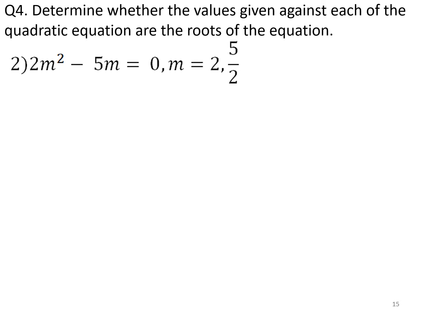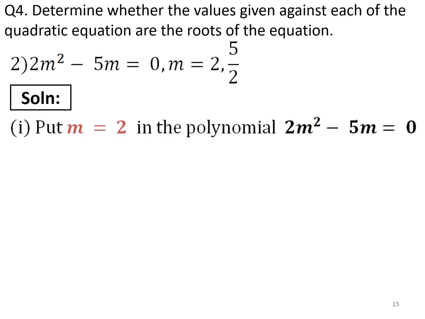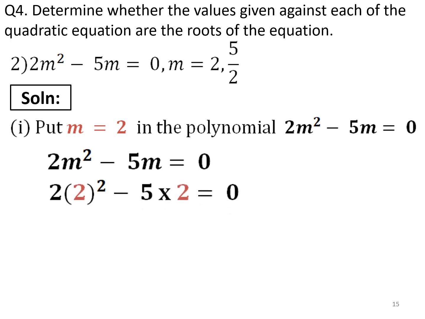We shall start with the first one. Put m is equal to 2 in the polynomial 2m square minus 5m is equal to 0. 2 bracket 2 the whole square minus 5 into 2 is equal to 0.